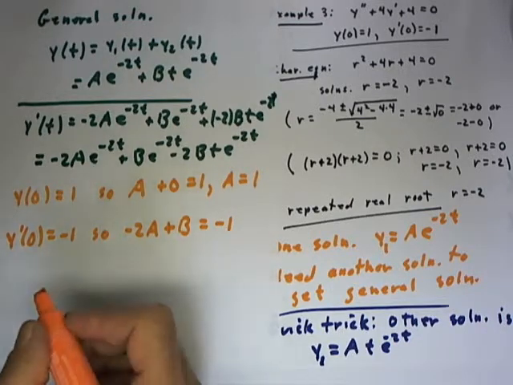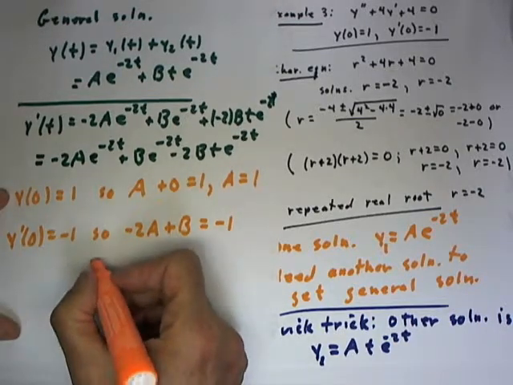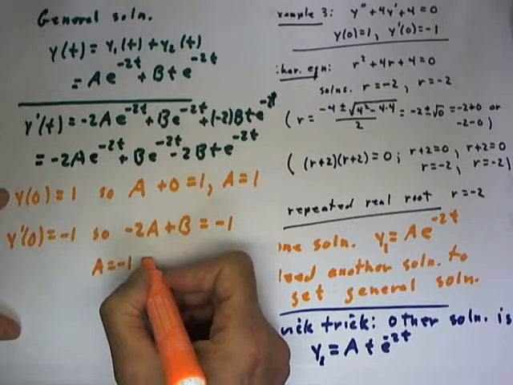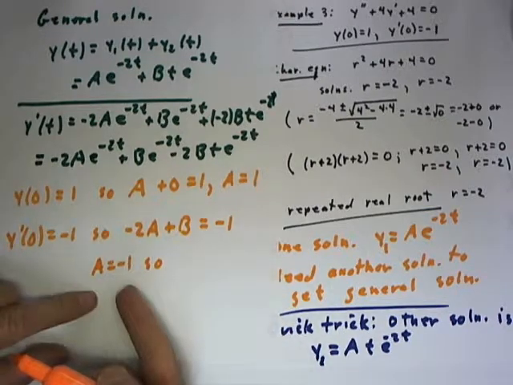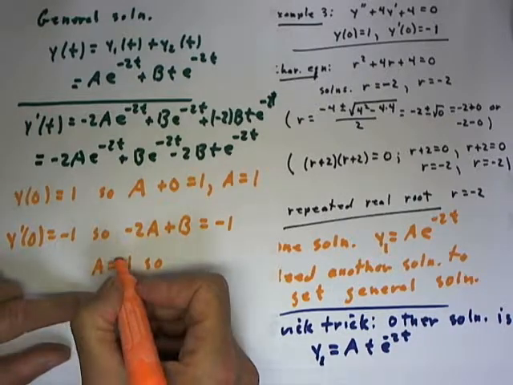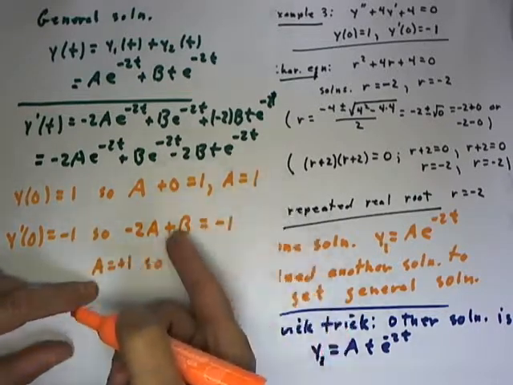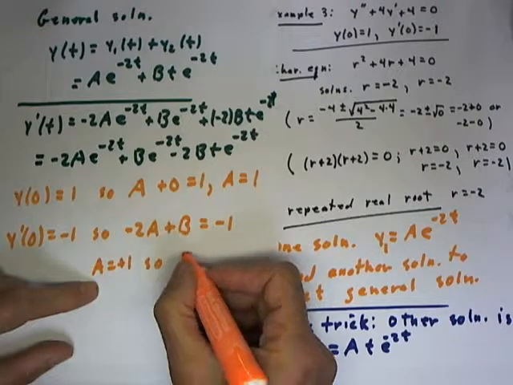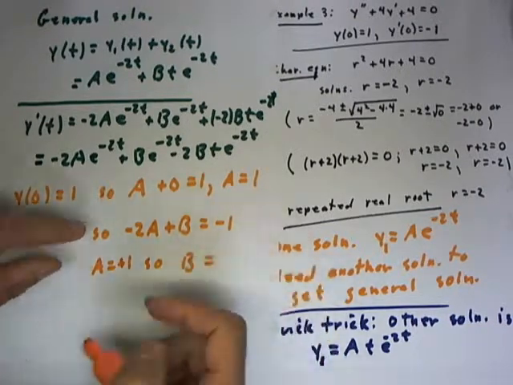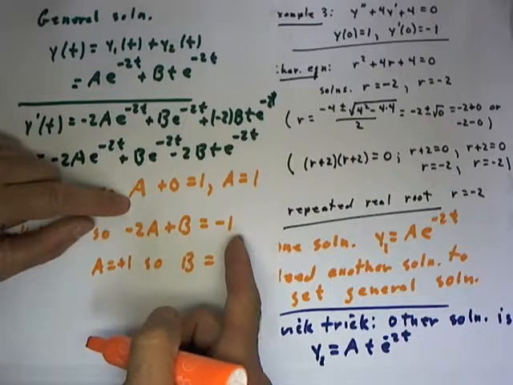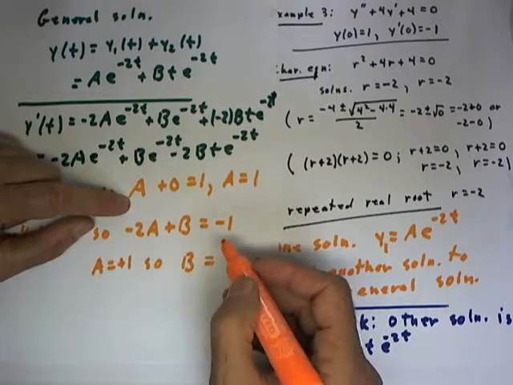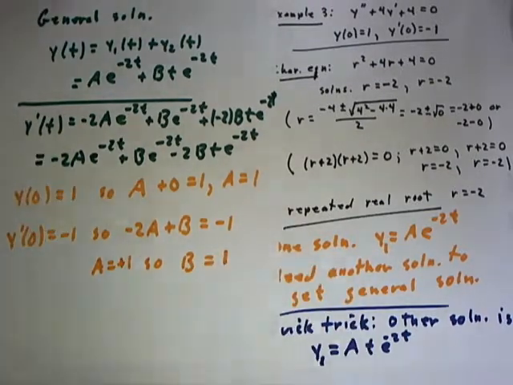So a equals negative 1. I'm sorry, a equals plus 1. A equals 1, so we're going to get b equal to what? Well, we have negative 2 plus b equals negative 1. If we add 2 to both sides, we get b equals 1.